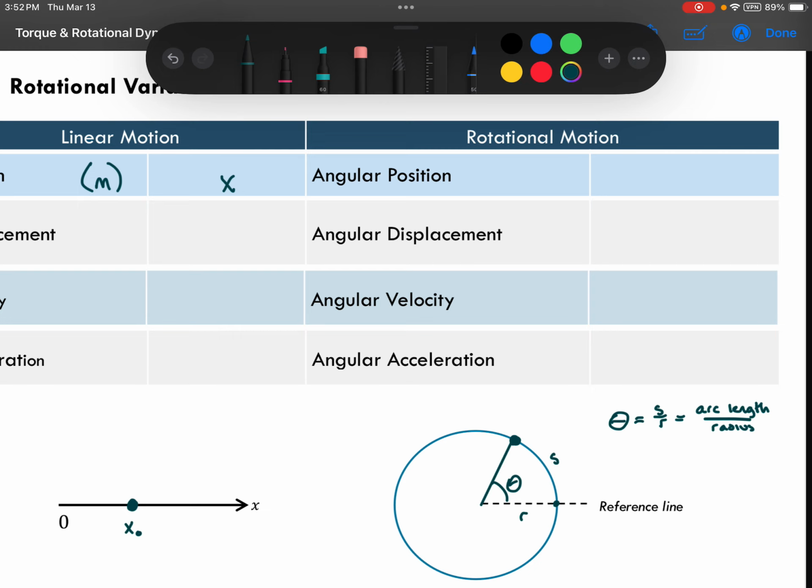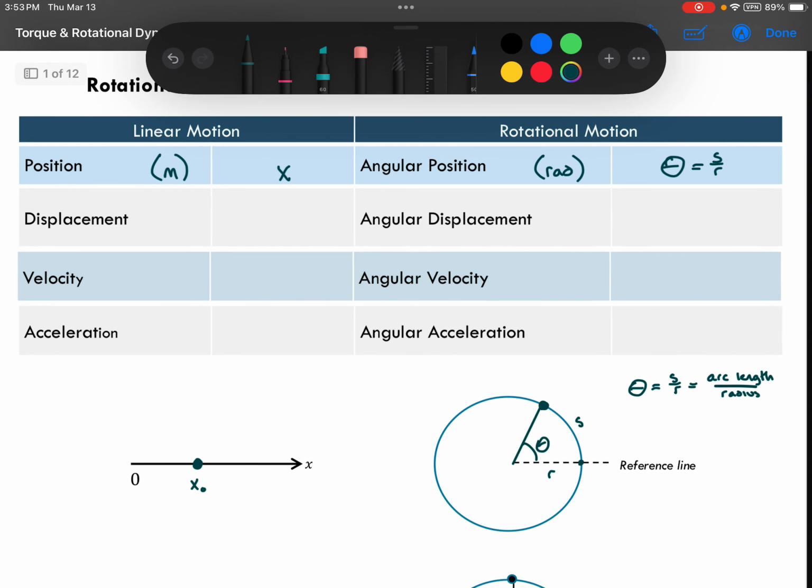And so angular position, again, we have theta, and our SI unit for angles will be radians. So if we have the angular position, we're going to measure that position in radians. And we can go ahead and set that equal to S over R here as well.